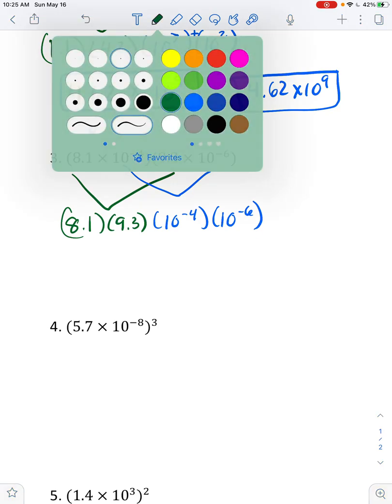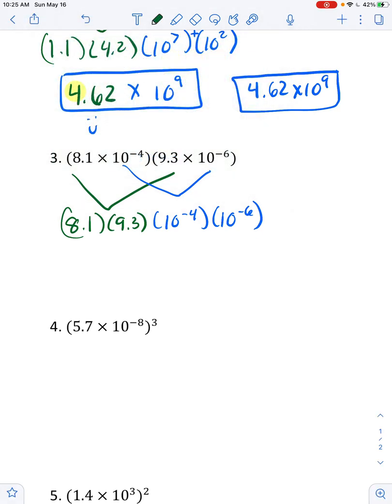So I'm going to get out my calculator and take 8.1 times 9.3, and I get 75.33. Then that's going to get multiplied by 10. Now I have base 10 to the negative 4 and base 10 to the negative 6. So I need to add negative 4 plus negative 6, and that's going to be negative 10.